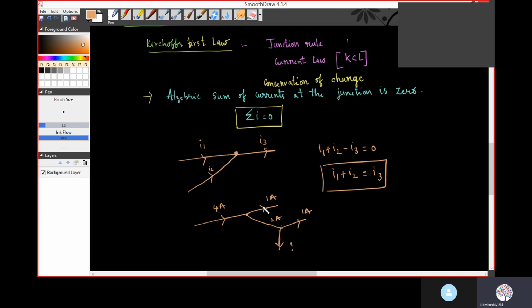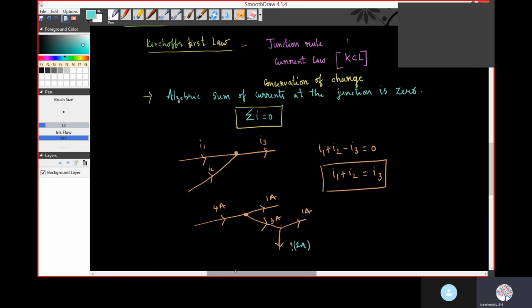This is 4 amperes, so this is 1 ampere and this is going to be 3 amperes, because at the junction the current flowing in should be equal to the current flowing out. So 4 amperes is coming in, 1 ampere and 3 amperes going out. 3 amperes is coming in, 1 ampere is going out.